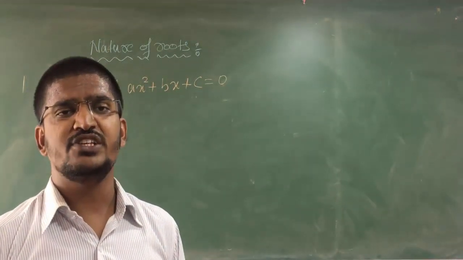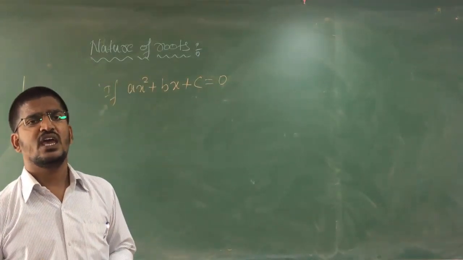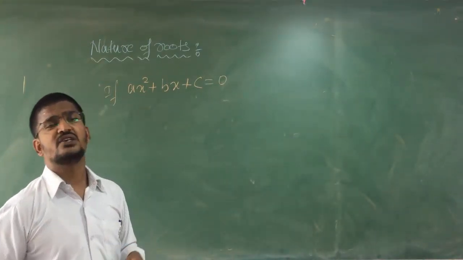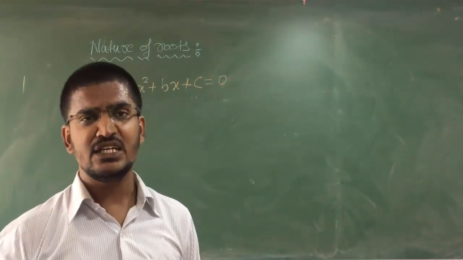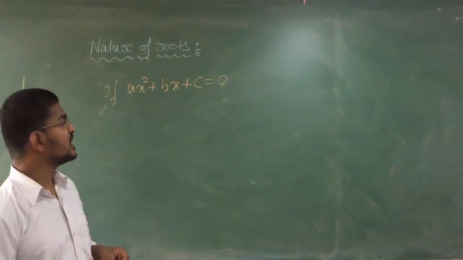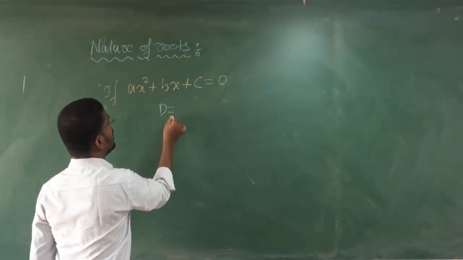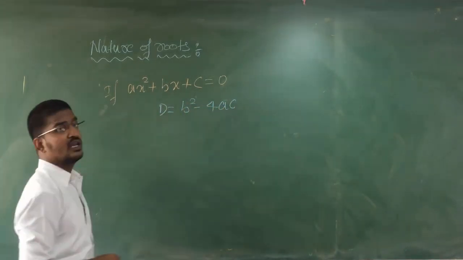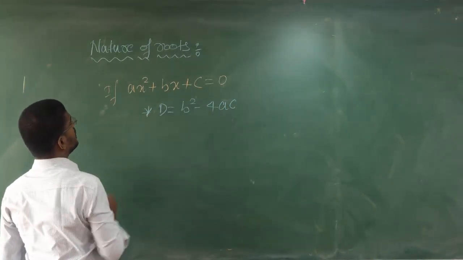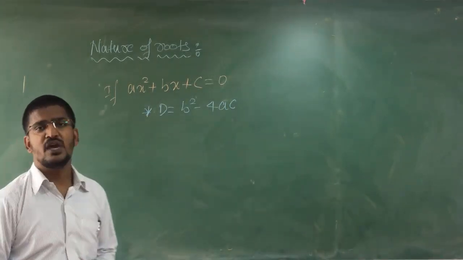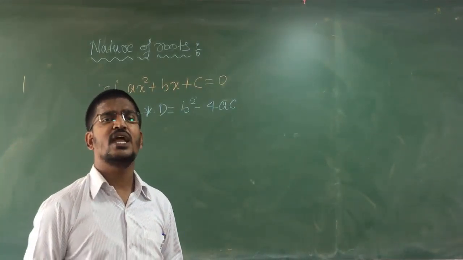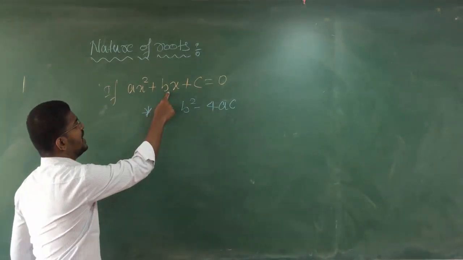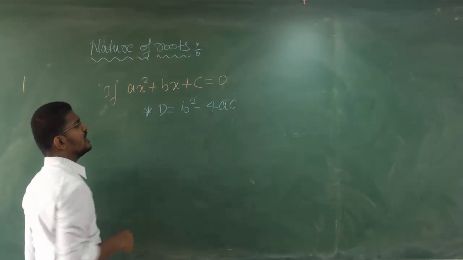The given thing is an algebraic equation where a, b and c are real numbers, and this is a quadratic equation because it has degree 2. Now the discriminant D will be b square minus 4ac. Clear? So this is important. Discriminant for ax square plus bx plus c equal to 0 is b square minus 4ac. Clear, students?